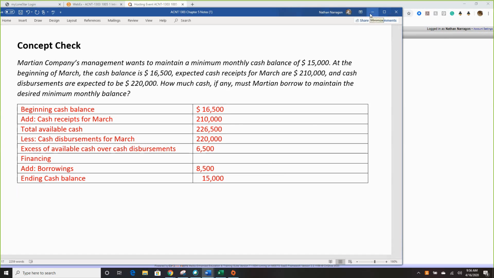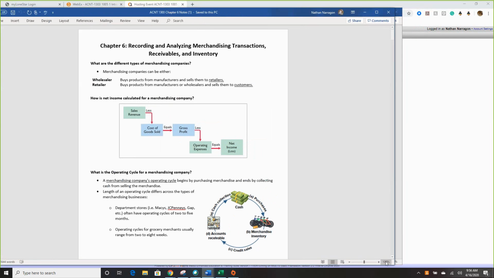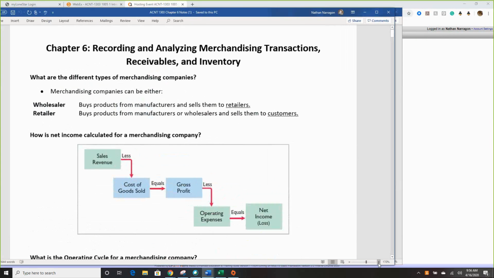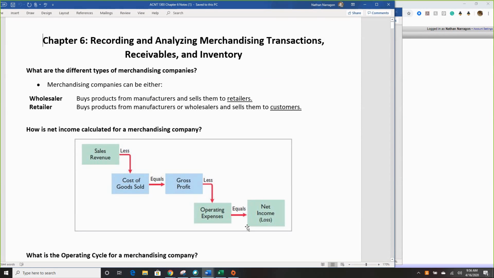Next, we're going to go ahead and hit Chapter 6. And Chapter 6 is one of those really fun chapters. Let me zoom in. So Chapter 6 in itself, as a good review, is basically dealing with merchandisers.